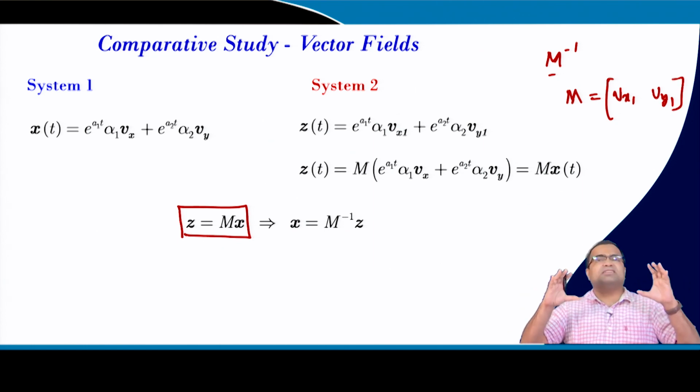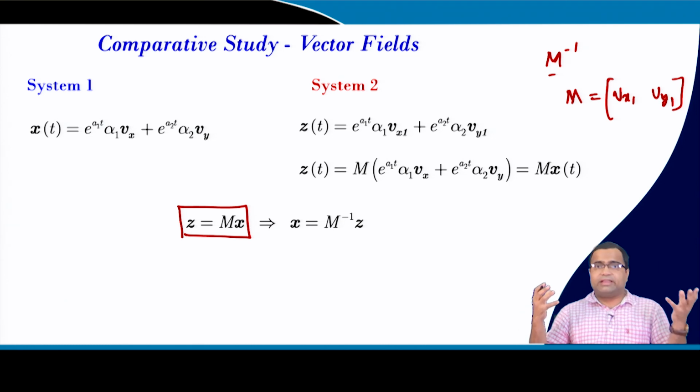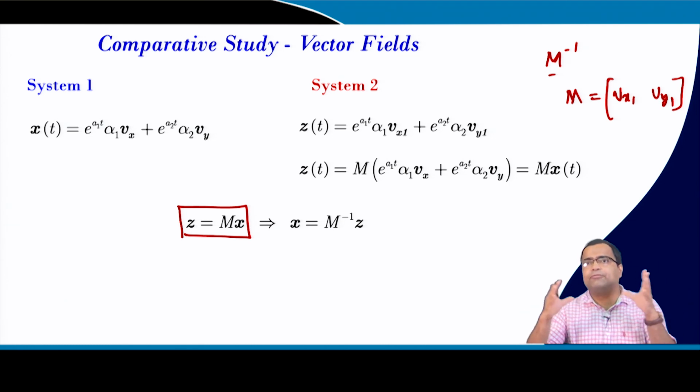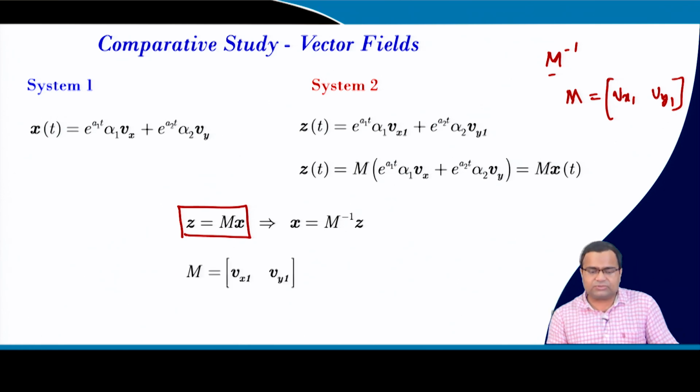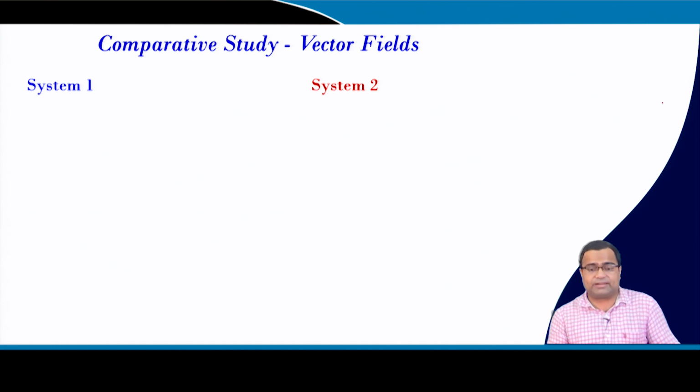As a result, M will be invertible, because it will be full rank, as it consists of two-dimensional vectors which are linearly independent. So, M is a full rank square matrix.